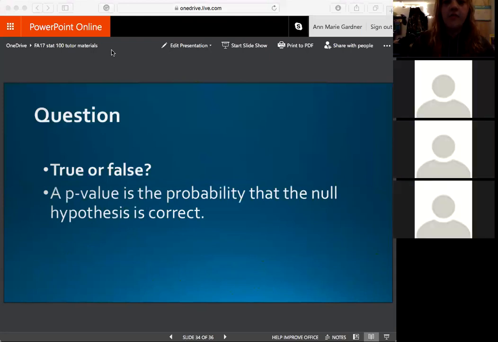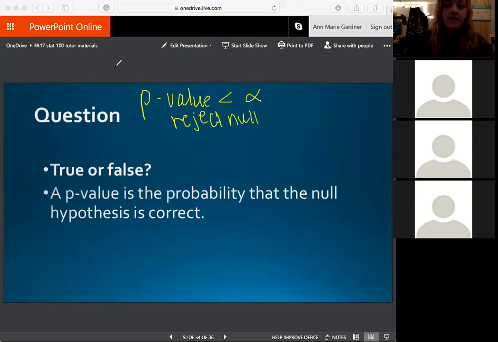Okay, so remember, let's review what we conclude from our p-value. So when our p-value is less than alpha, so we're saying that it's small, then this means that we're going to reject the null.